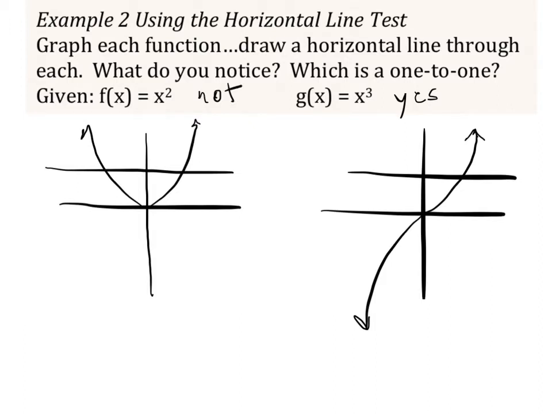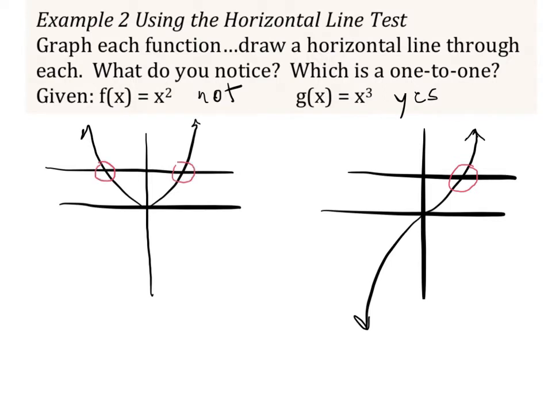Well, what do you notice? What's the big difference between the two? Hopefully you guessed that in our one-to-one function, we only hit that horizontal line one time. Whereas in our non-one-to-one function, our parabola here, we hit it twice.